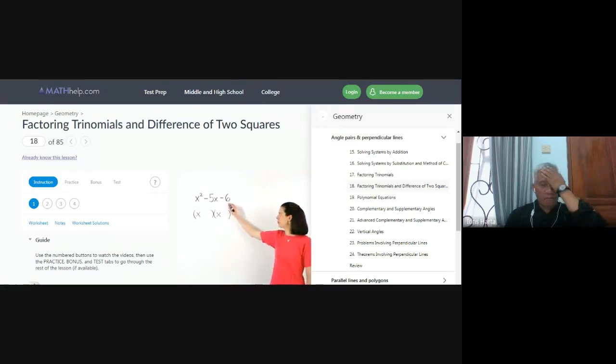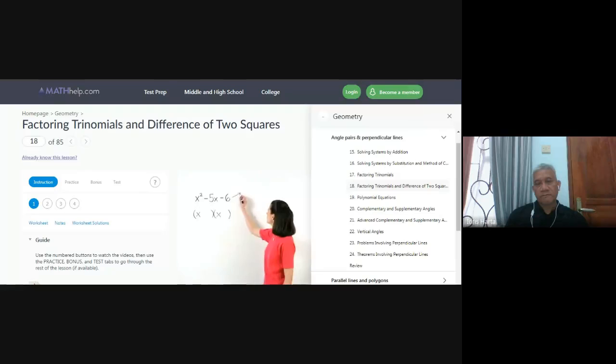So our factors of -6 are +6 times -1, or -6 times +1, or +3 times -2, or -3 times +2.